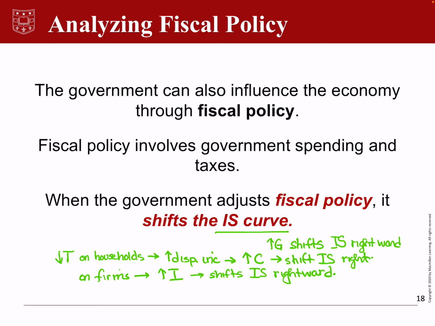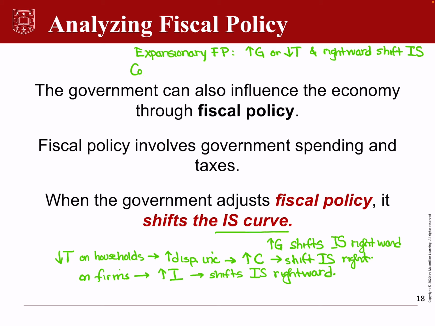So specifically in this case, when we talk about expansionary fiscal policy, this is going to happen when we have an increase in government expenditures or a decrease in taxes and a rightward shift in the IS curve.